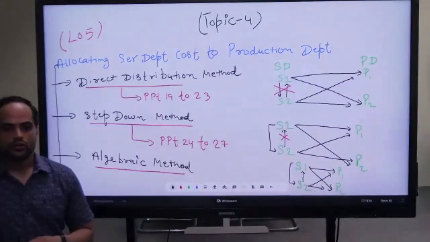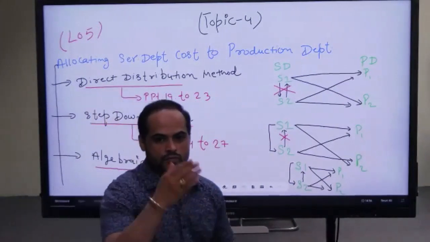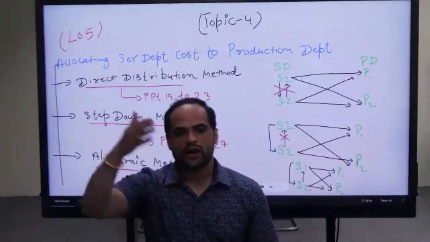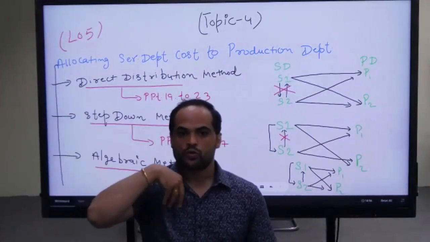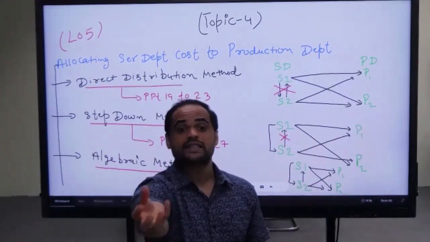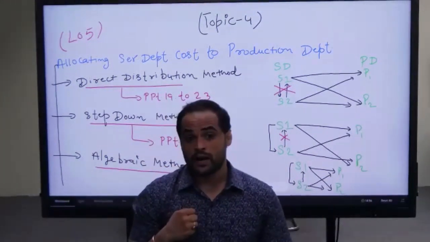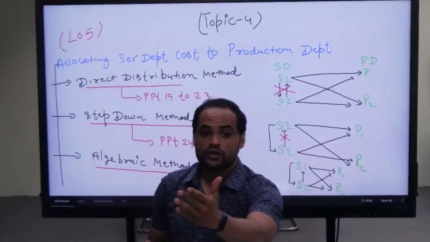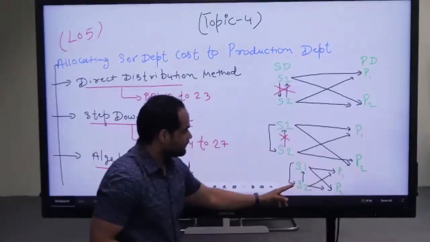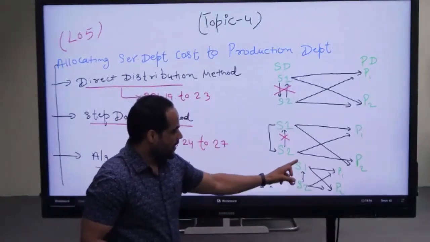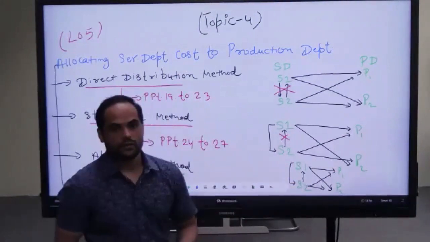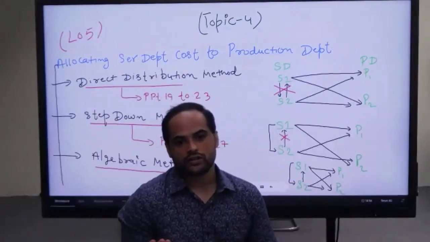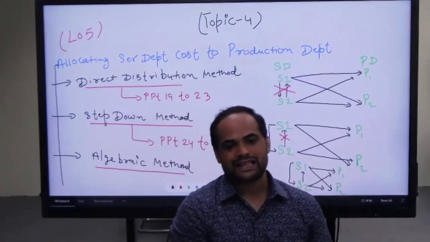Which means one service department is providing services to production departments, providing to another service department, and also taking services from another service department, and that one is doing exactly the same thing. Providing and taking. If this is the situation, then it is called the algebraic method.